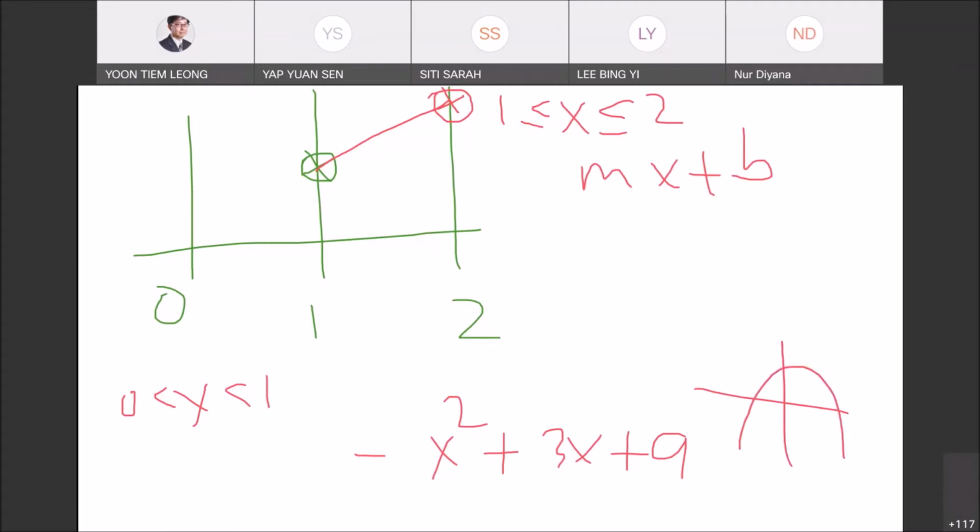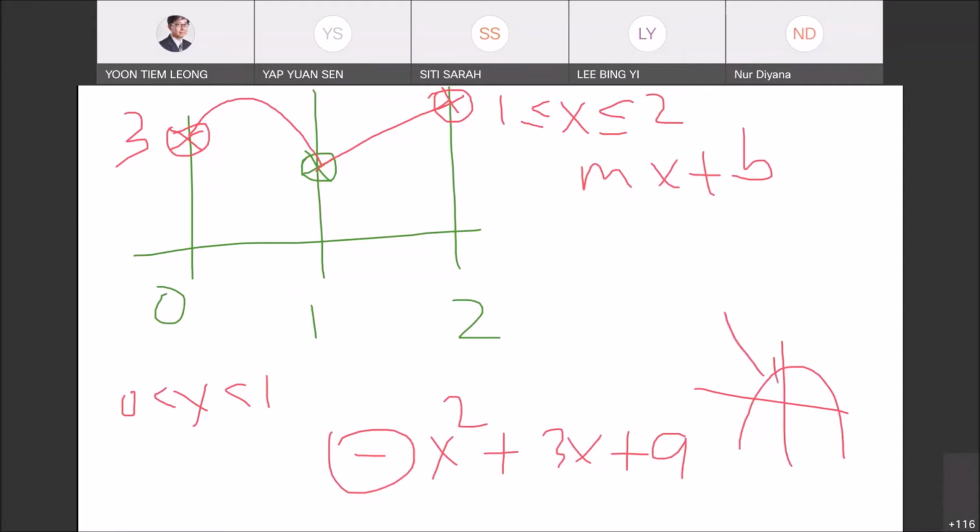And then it must get to the value of 3. So the parabola should look something like this. I think this is the correct way. Just now I drew it in a different way because I thought the parabola was like this, but I didn't realize that the parabola has a minus sign here. If it's a minus sign, then the parabola must be like this one.